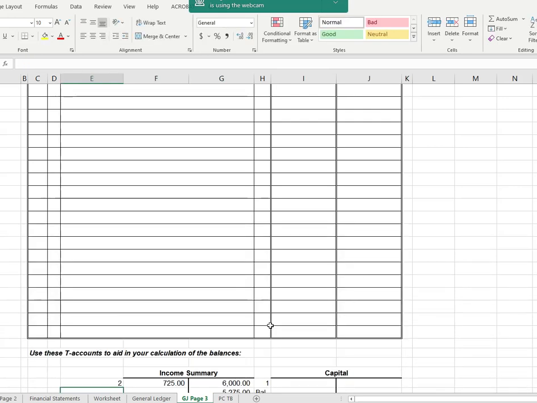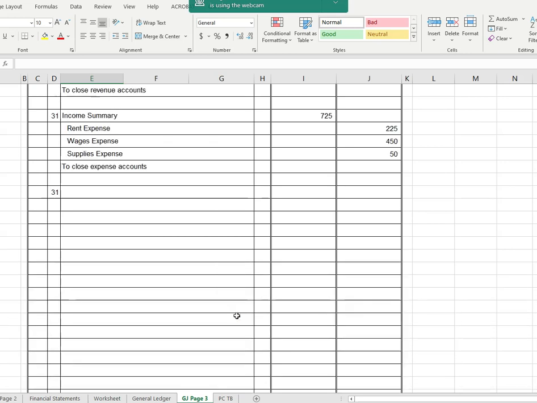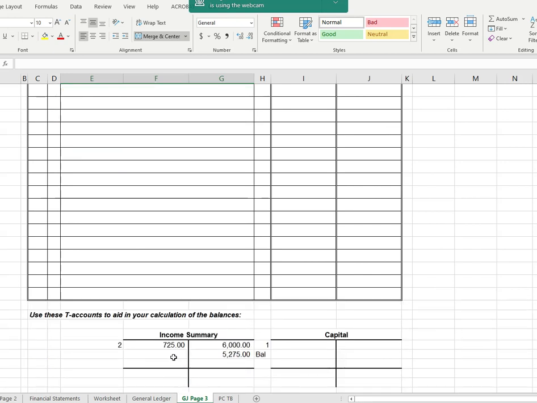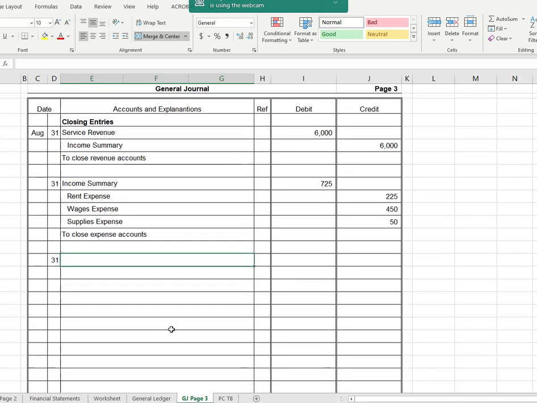Okay, so now I need to close income summary to capital. It's got a credit balance, so that means I need to debit it in order to close it.